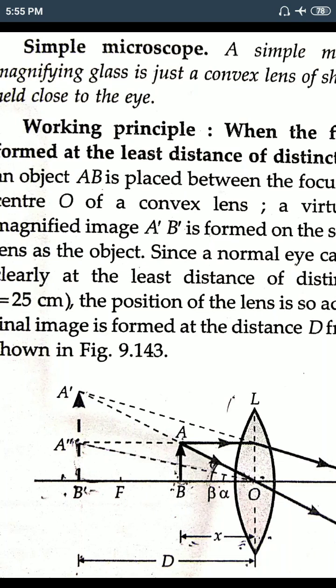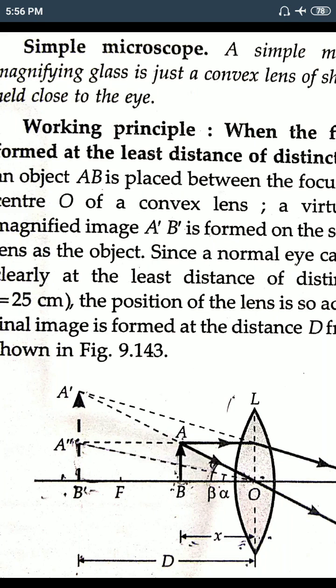And we imagine that the object AB is displaced from its position to the position A double dash B double dash, at a distance of D, because we need both the angle subtended by the image and the angle subtended by the object at the least distance of distinct vision.